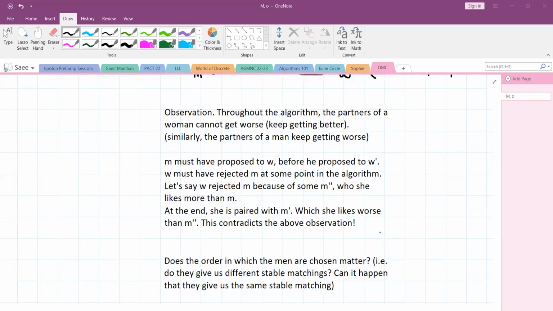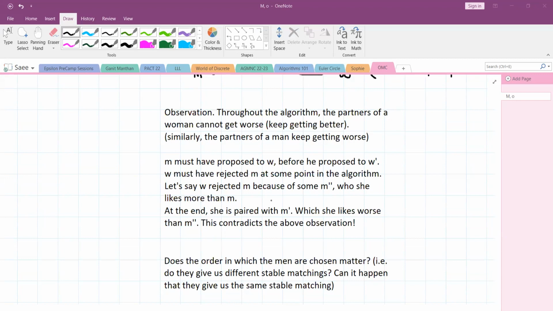A few more nice problems to think about could be, can we always have some person who is paired with their first preference in the output of the Gale-Shapley matching? So can we come up with an example where there is nobody who's paired with their first preference?